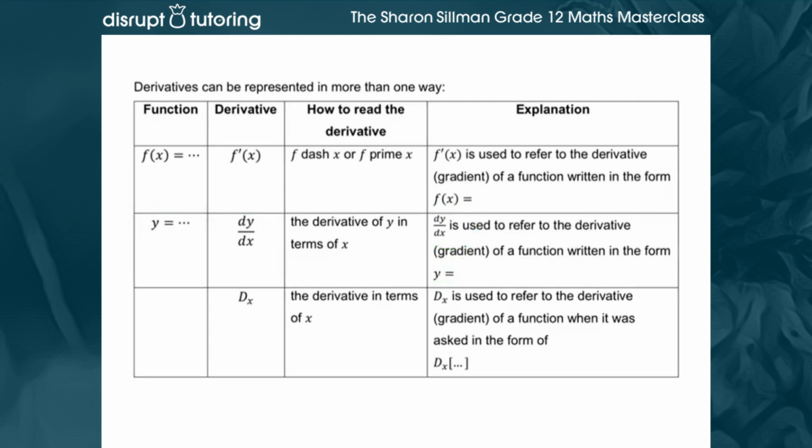Then you could also be asked to find the derivative, and they don't give it to you in the function format first. They will use what you see here and write a function next to it and ask you to find the derivative in terms of x. Again, this might not be something that makes that much sense until you've actually completed the work, although I'm sure you're watching this for revision, not for learning from the beginning, so these should look familiar to you already.